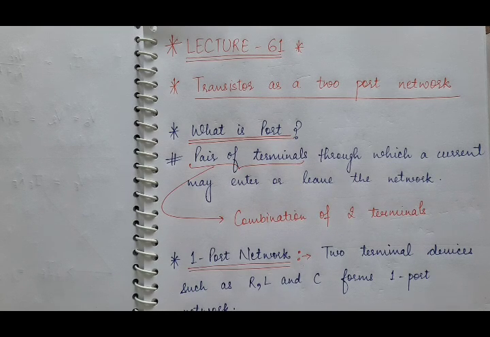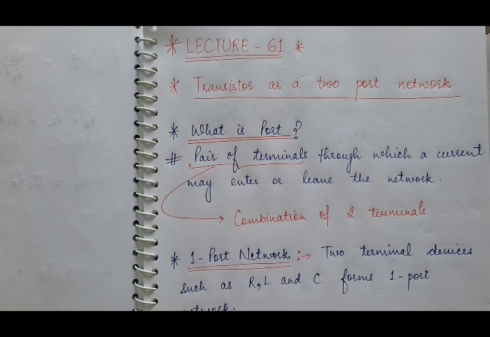When you discuss the transistor as a two-port network, the question will come to your mind: what is a port? A port is a pair of terminals through which current may enter or leave the network.